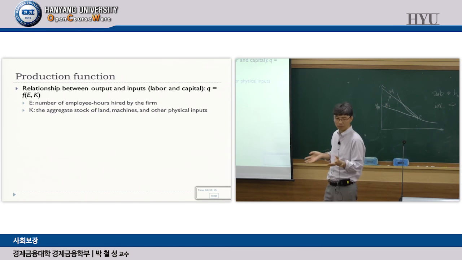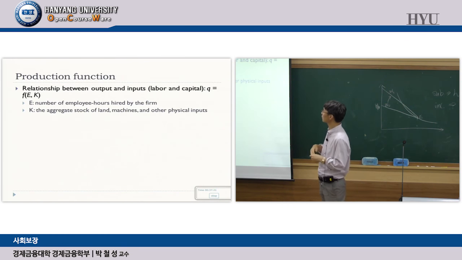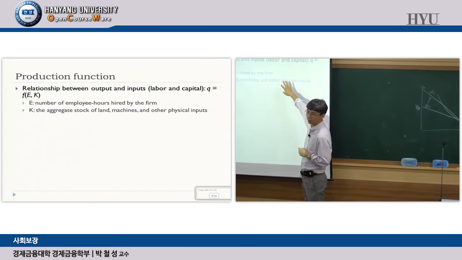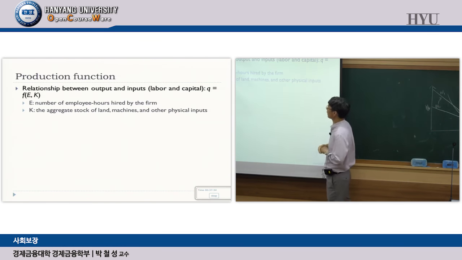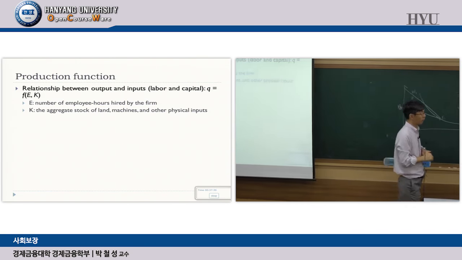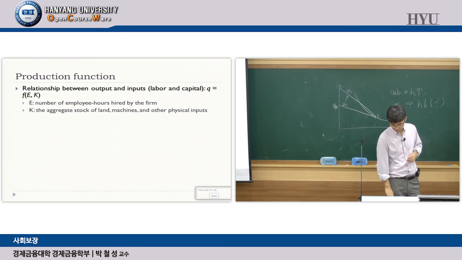It can be simplified as the number of employees. Sometimes I just treat E as the number of employees, but it doesn't matter most of the time. And K is the capital stock, the aggregate stock of land, machines, and other physical inputs. It's just a standard model of production function.